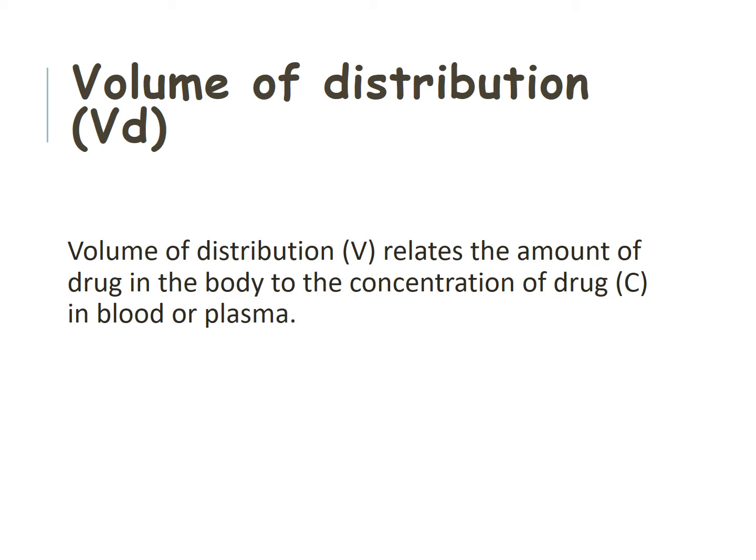Distribution, as I have told, is the movement of the drug from our plasma or blood to different areas or tissue sites. So the volume of distribution relates the amount of drug in the body to the concentration of drug in the plasma or blood. Okay. So it is a ratio between the amount of drug in our body and the concentration of drug in the plasma.